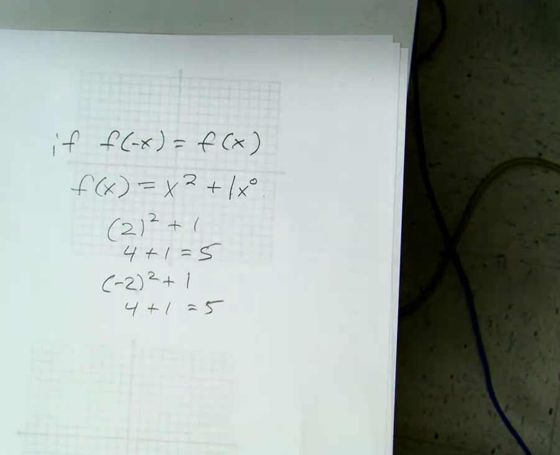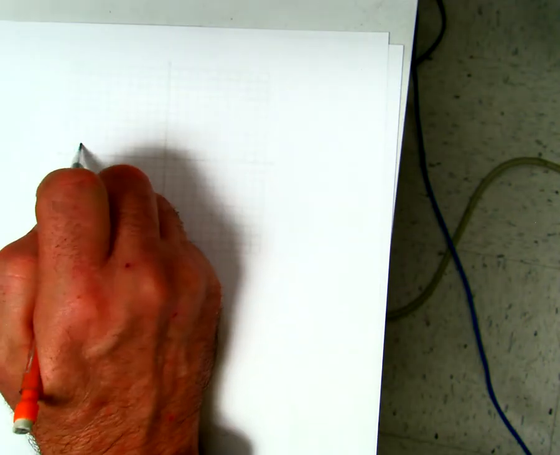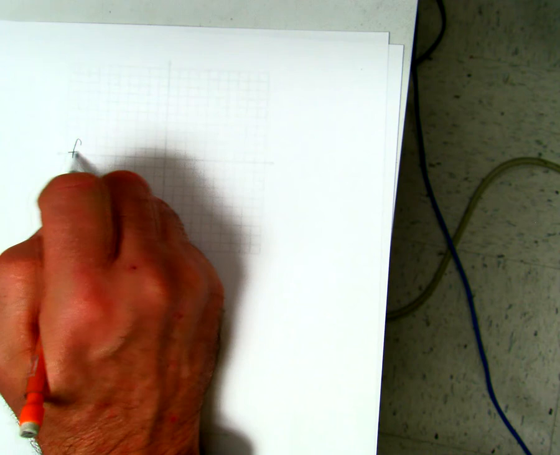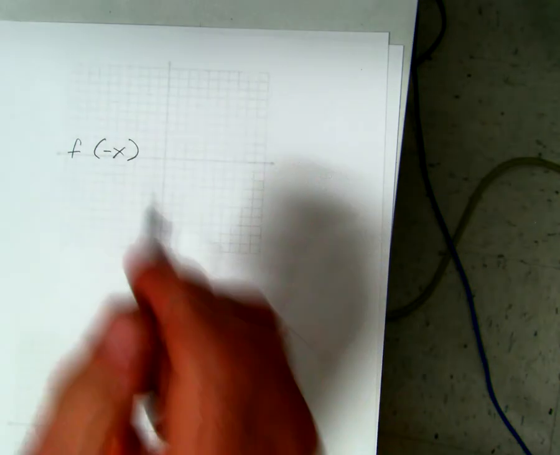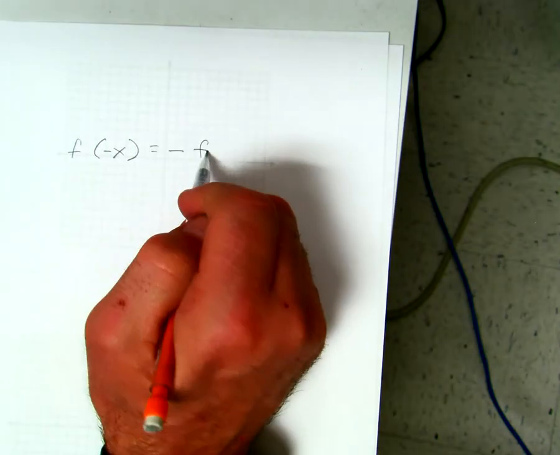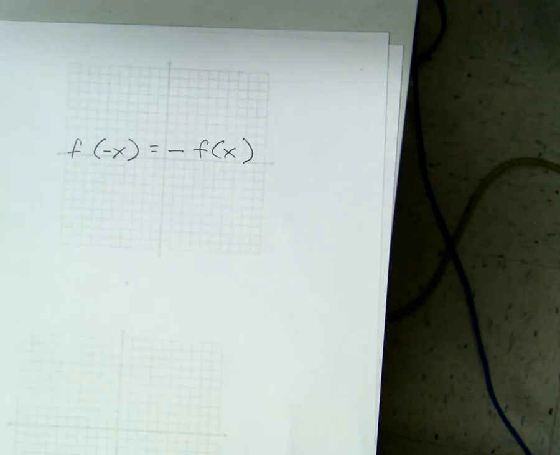All right, let's talk about odd functions. The formal definition of an odd function is f of negative x equals the opposite of f of x. And I think that's potentially confusing, but we'll see what that means in a moment.